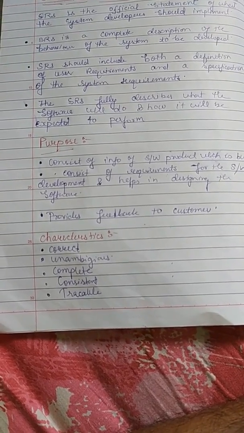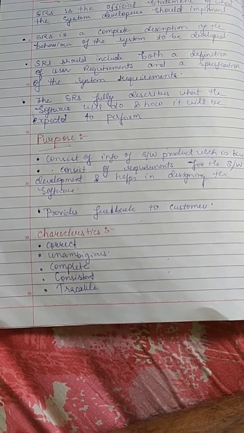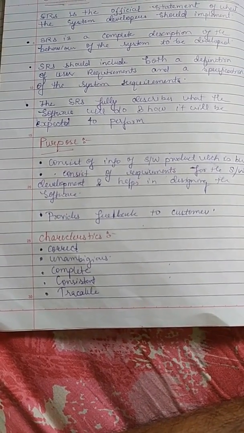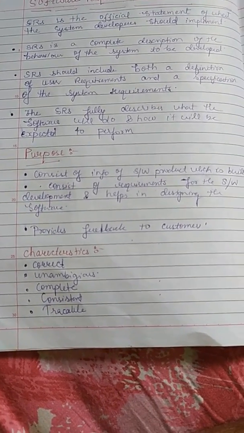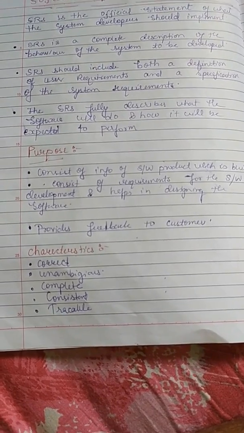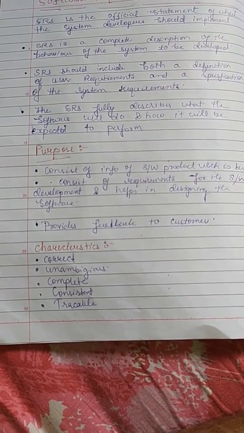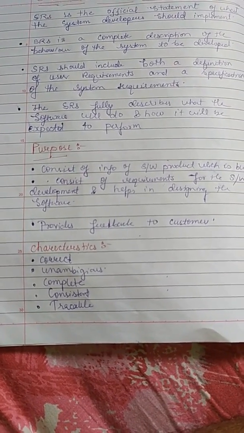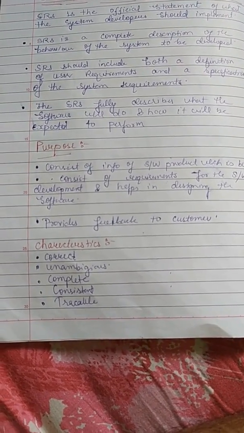It should be complete. Complete means the information should cover all the requirements and SRS specification in detail, whether it is its scope, purpose, objective, design and implementation, or user feedback requirements.